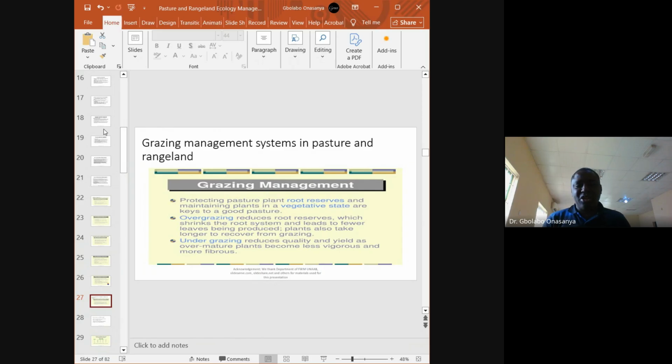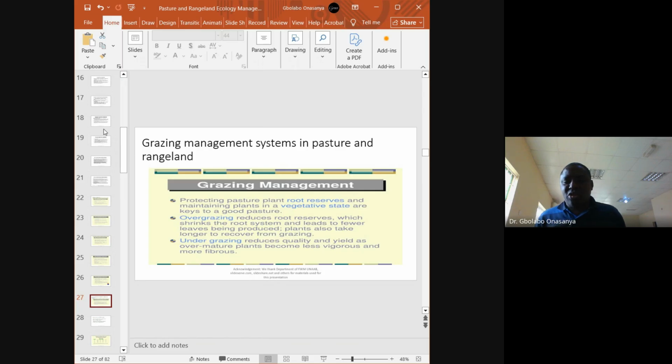Now, grazing management in our pasture land and rangeland. I discussed grazing management yesterday. I spoke about grazing system management, that it equips us as to which type of grazing system we should adopt at a material point in time.